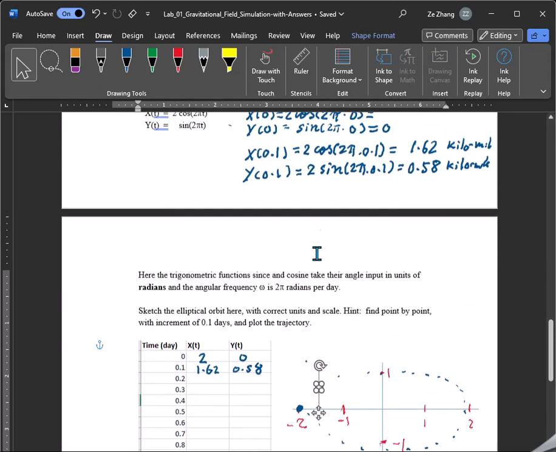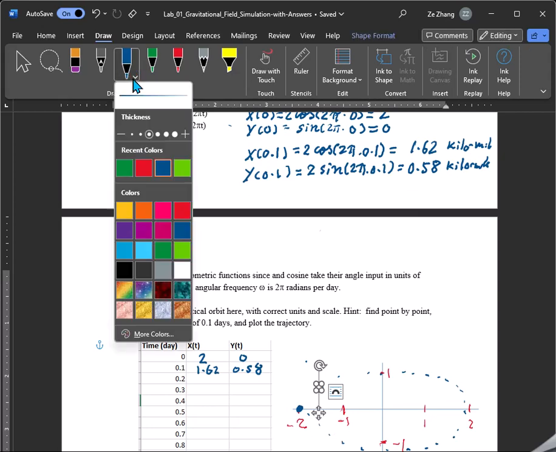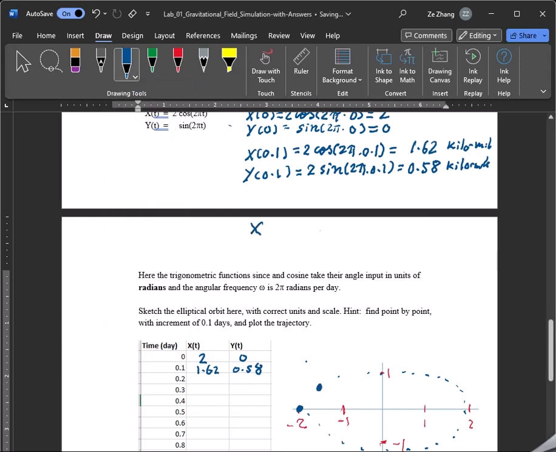Now let's do one more point. t equal 0.2, and 2 cosine of 2 times pi times 0.2 into your calculator, and I got roughly 0.6, I'm not sure.